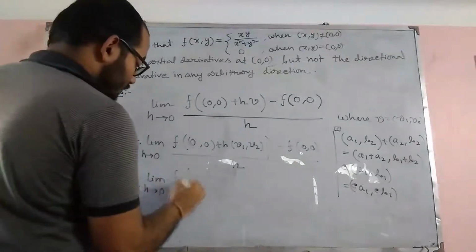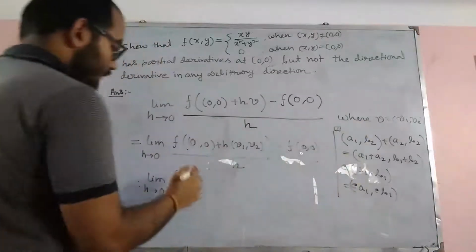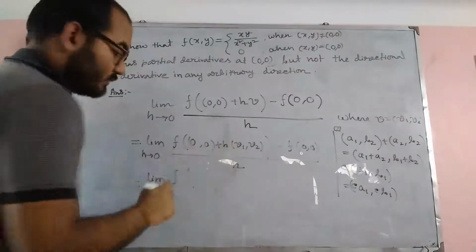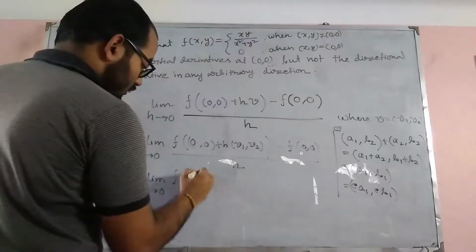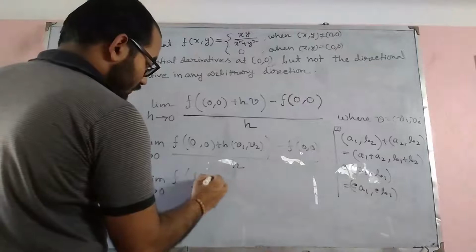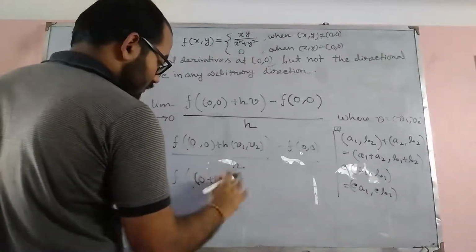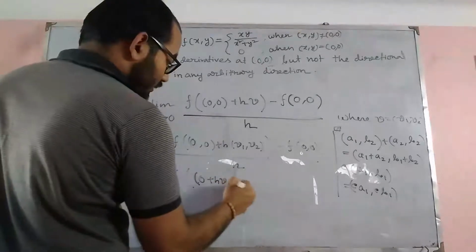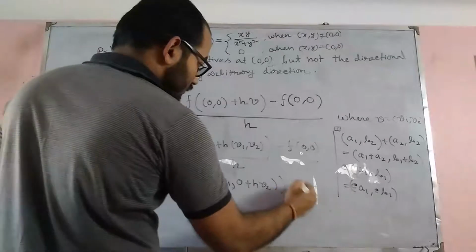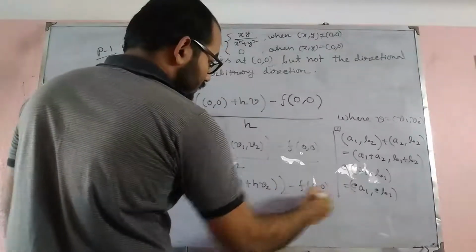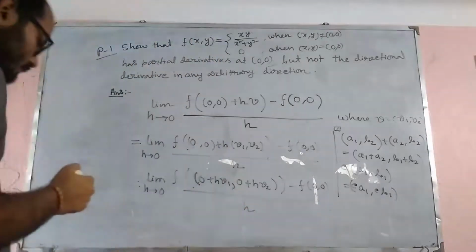Limit h tends to 0. See, as I defined here, the operation between two ordered pairs, 0 plus h v1, comma 0 plus h v2, by h.